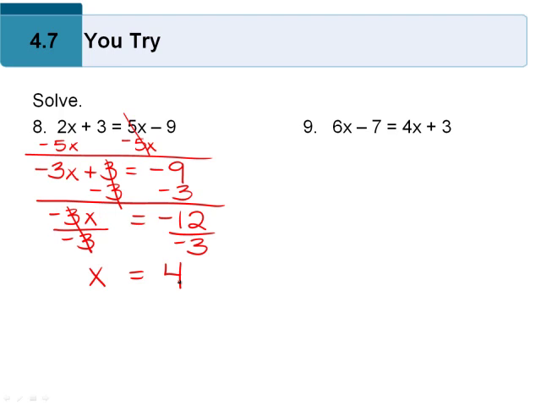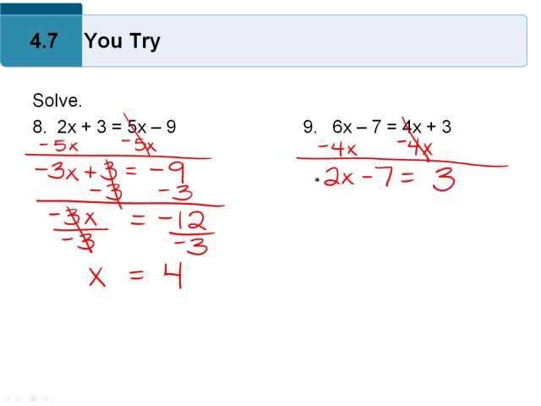Alright, number 9, we have 6x minus 7 equals 4x plus 3. So our first step, get the variables to the left. So I'm going to subtract 4x from both sides. So 6x minus 4x would be 2x minus 7. The 4x's are gone, equals 3.